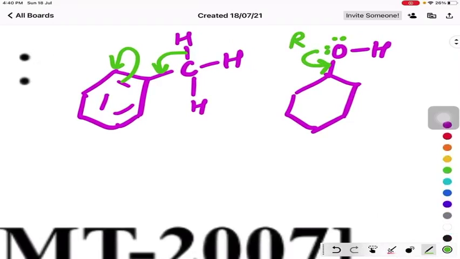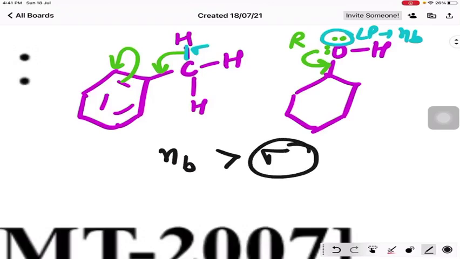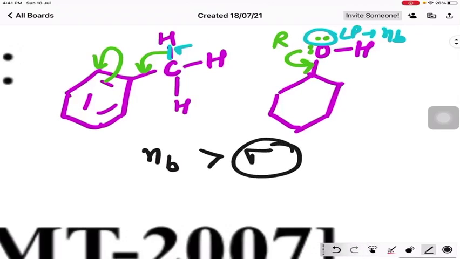Moreover, you can consider the type of electrons that are being transferred. Here these are sigma electrons, whereas these are lone pair, that means non-bonded electrons, and we know that reactivity of non-bonded is more than that of sigma. Sigma bond breakage requires some energy. So the dominating factor is resonance. That's why this is more effective than hyperconjugation.